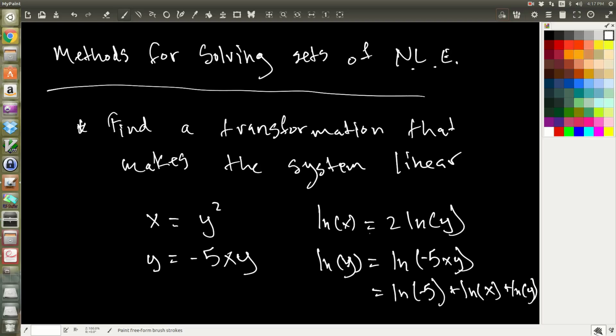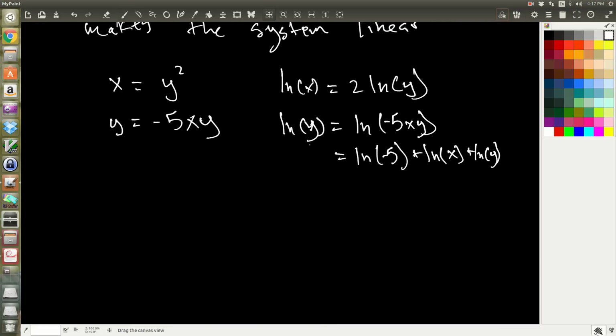And now I could define two new variables. I could call x prime equal to the natural log of x, and y prime equal to the natural log of y.